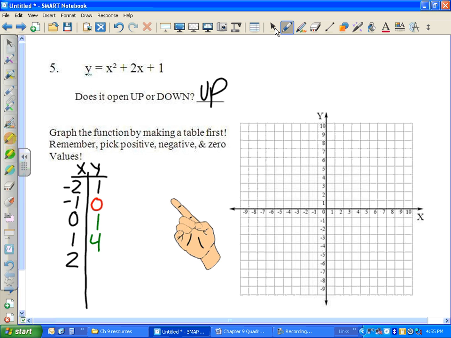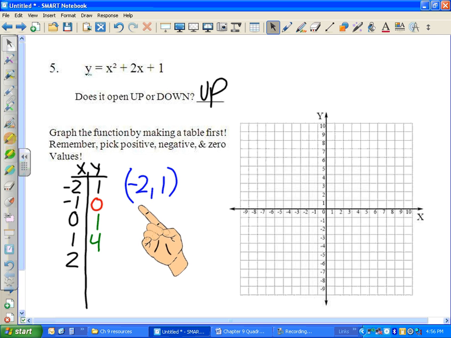Okay, real quickly, when we're doing graphing, the first point I have over here is negative 2 comma 1. Remember, this 2 tells you where to go on the x-axis. The 1 tells you where to go on the y-axis, going up or down. So I'm going to go negative 2 on the x.